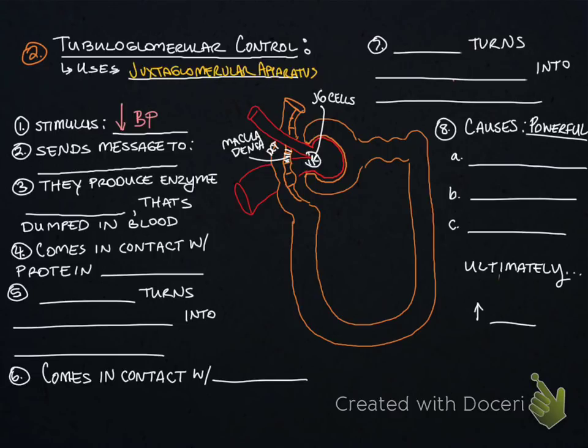This one is going to be a decrease in blood pressure. Okay, our macula densa cells sense this, and they are going to send a message to the JG cells, or granular cells. They produce an enzyme. The JG cells produce an enzyme called renin.